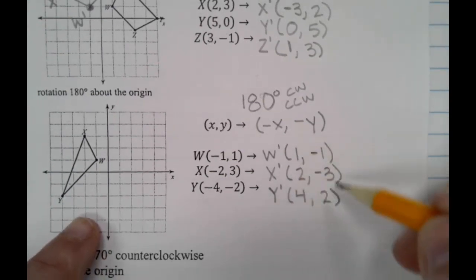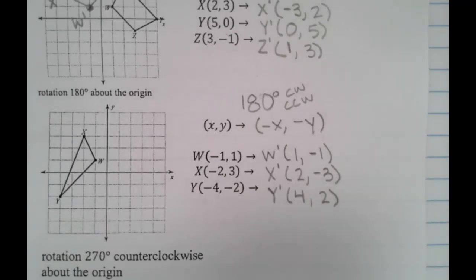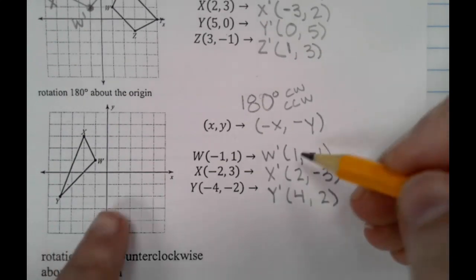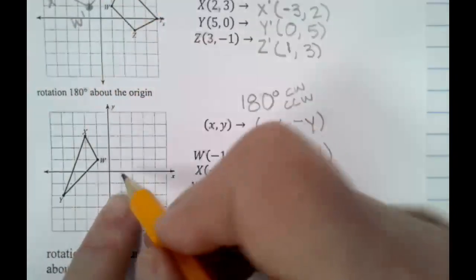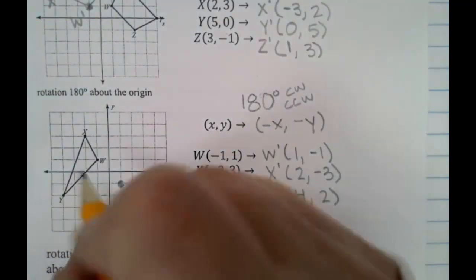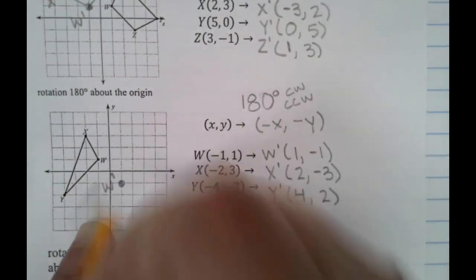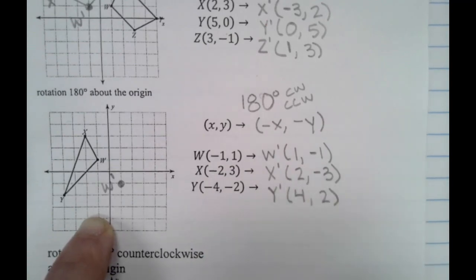Okay, if you want to work ahead and try and plot those, make sure you get them right. That's going to be another part of today on Alex, making sure that you plot your points correctly. So that's why we did so much of that practice at the beginning of this week. 1, negative 1, right 1, down 1. That's our W prime. X prime is 2, negative 3.